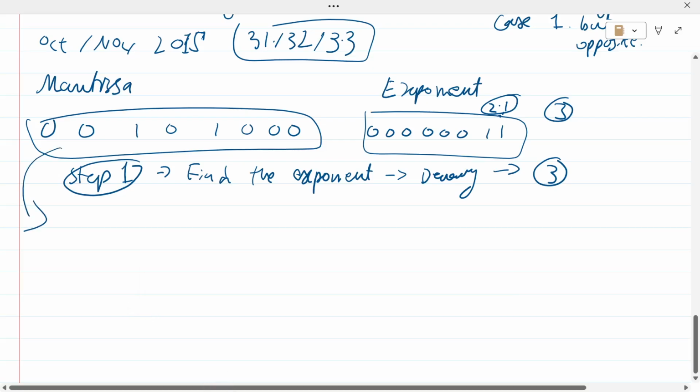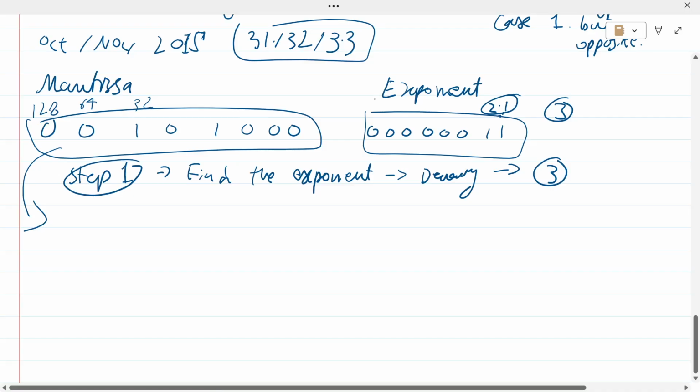Now look, let me tell you one thing. If I was to start writing the powers of 2 for the mantissa, I would begin writing from the left side like this: 128, 64, 32, and so on, right?